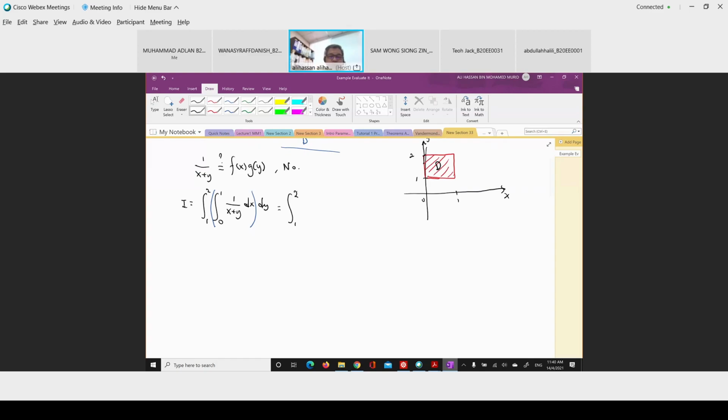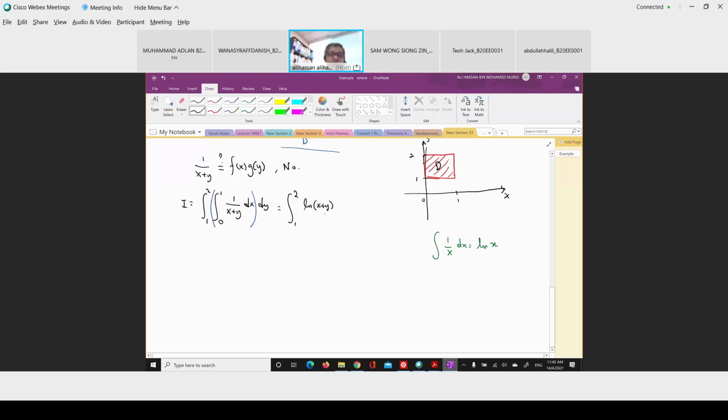If I were to write this, what is the integral? ln x plus y, right? So the integral of 1 over x plus y with respect to x is ln x plus y.